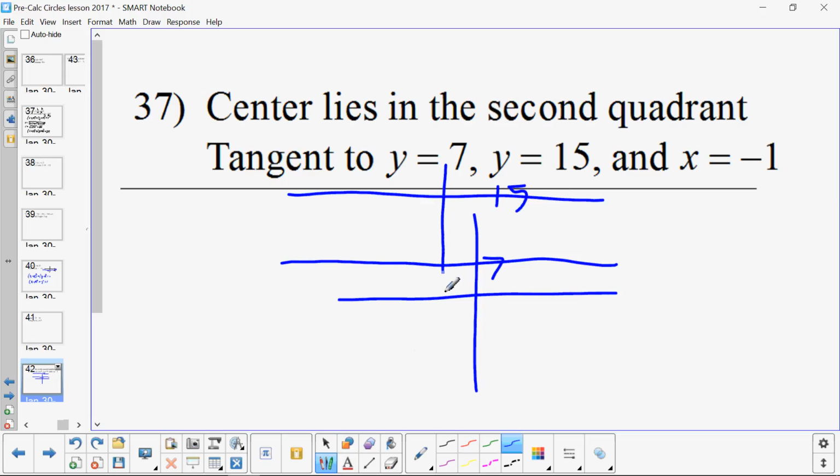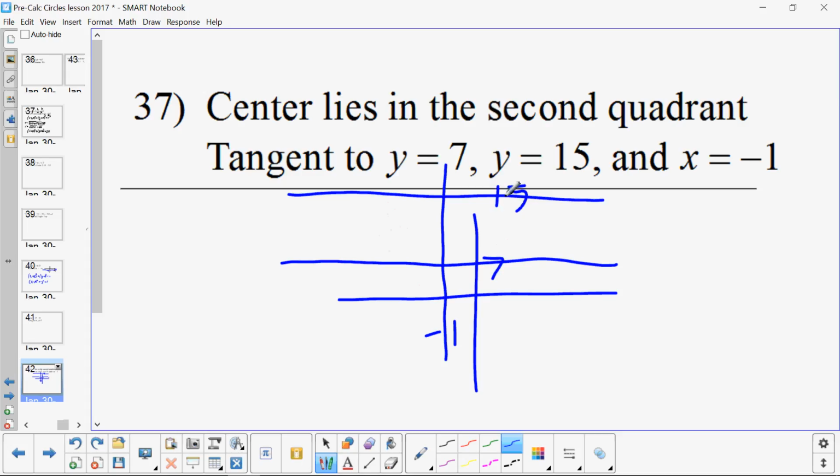So the center is probably going to be somewhere over here, because if the center were on this side of -1, that would give a one-spot space, and that looks more than 1 there. Hopefully you figure that out. It's more than 1. Okay, so it's going to be right between these two lines, 7 and 15.